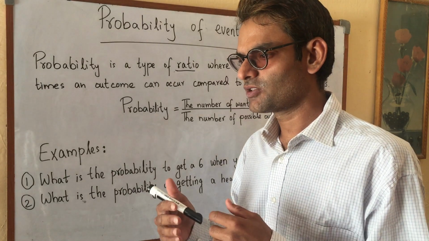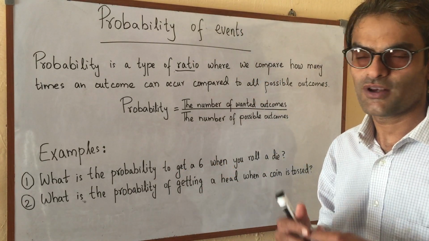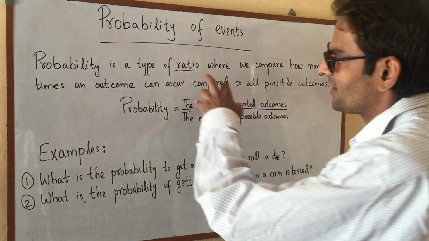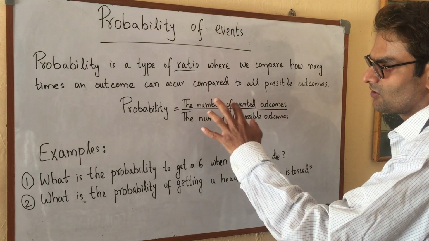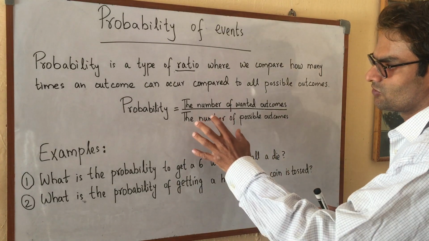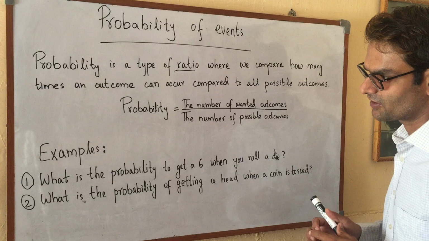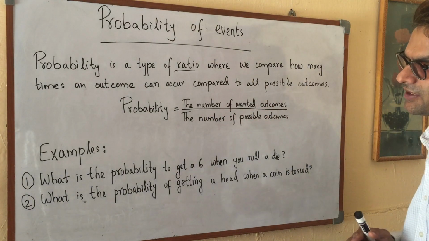If you want to define it formally, you can say it is how likely something is to happen. According to this definition, it is the ratio between the number of wanted outcomes and the number of possible outcomes.